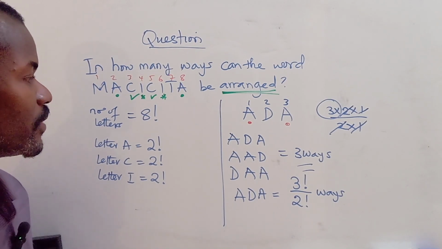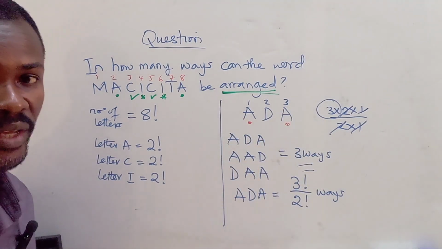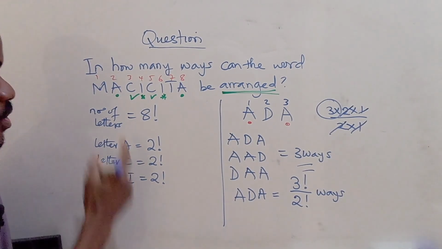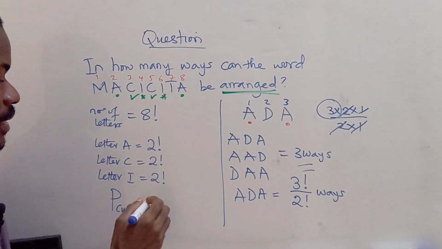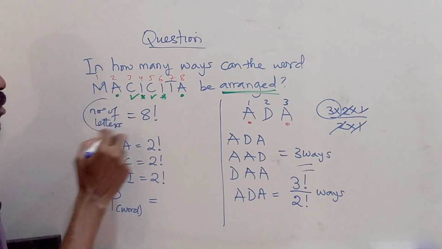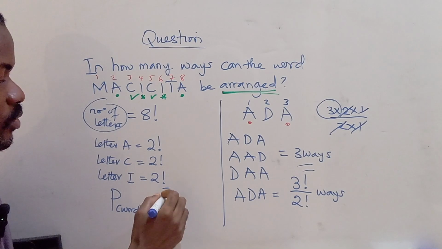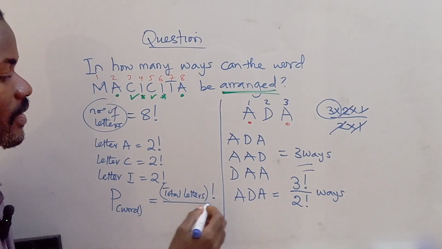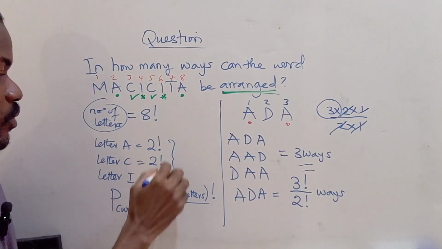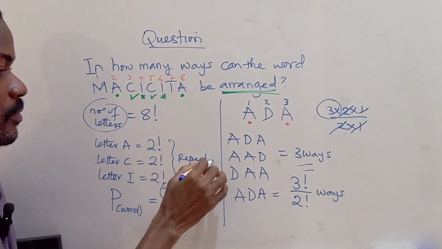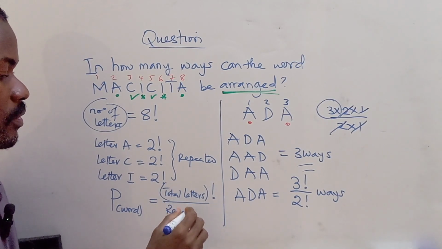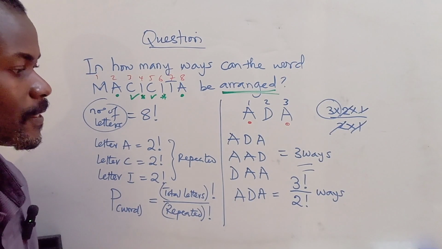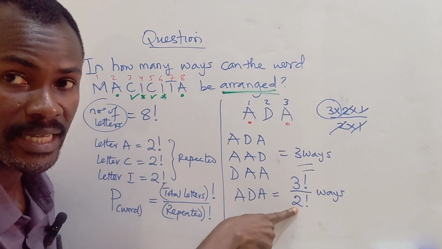Now the idea of solving this is that the permutation of this word is going to be the total number of letters factorial, divided by the repeated letters factorial, just like we had A repeating and it was down here.